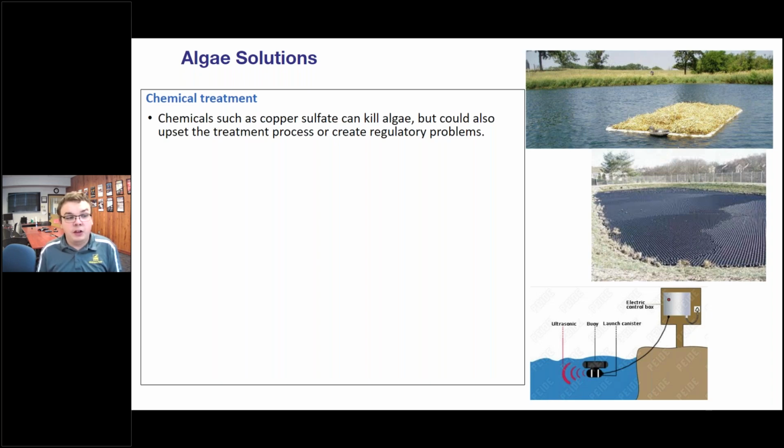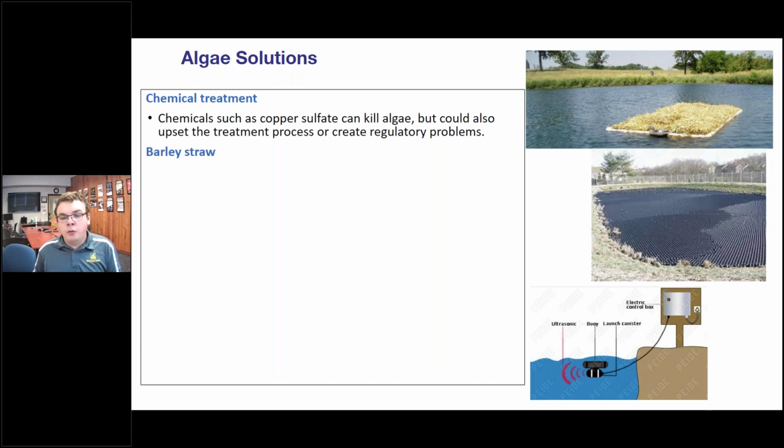However, you have to realize that you're putting chemicals into your water system, so you have to be careful. It could upset your treatment process, where if you add too much, it kills off the algae completely, and you don't have one of your big drivers for biological processes anymore. It can also cause regulatory problems if you're using too much chemical, or too little, and it's letting things go into the effluent that aren't supposed to be in the effluent.